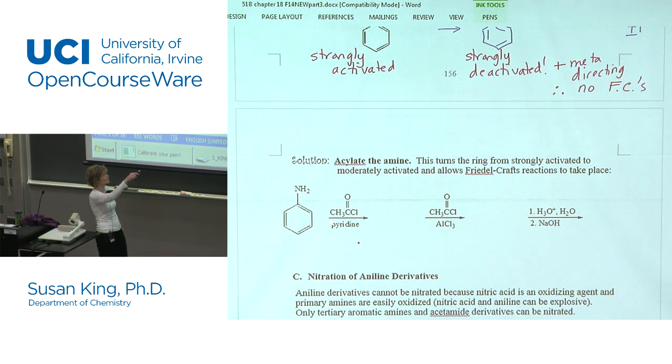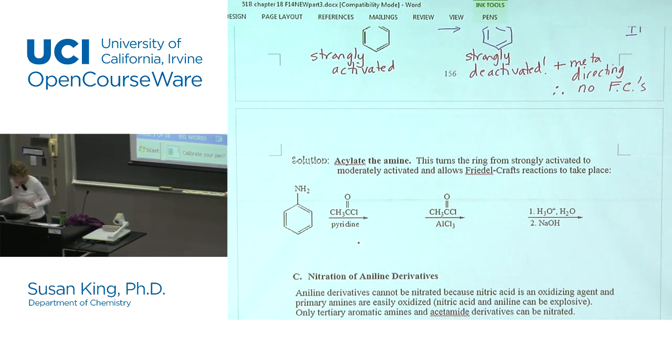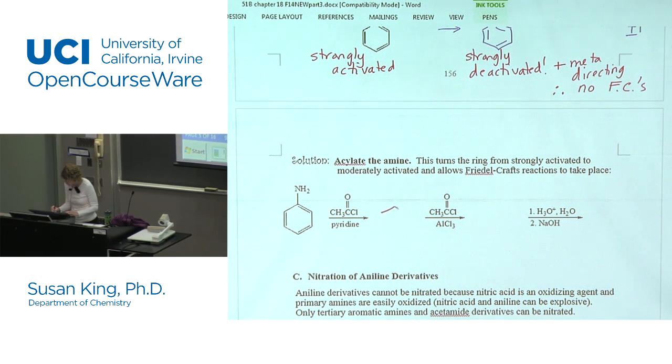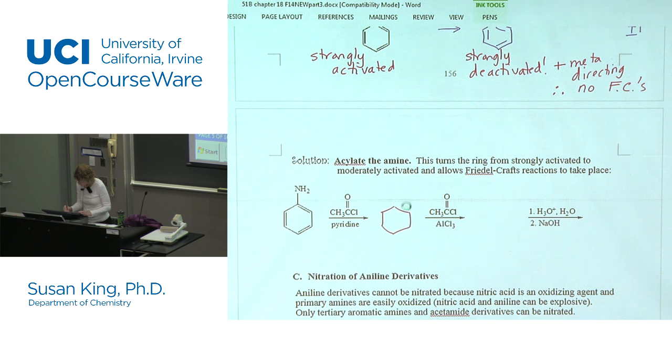This one going on nitrogen is like the thionyl chloride reaction. This one is the electrophilic aromatic substitution. So what we can do is acylate the nitrogen first. Now we can do Friedel-Crafts.